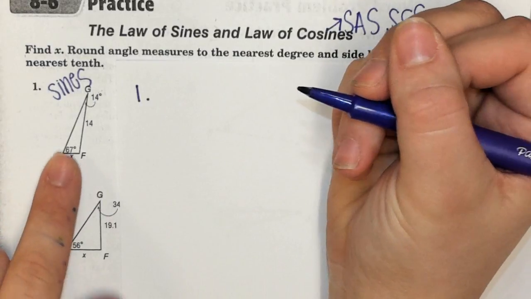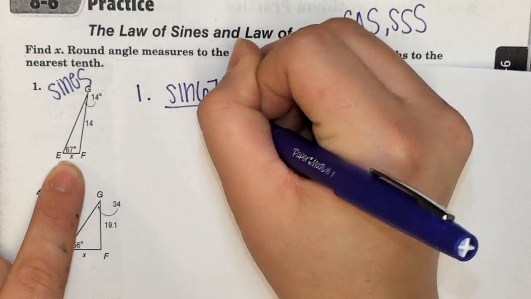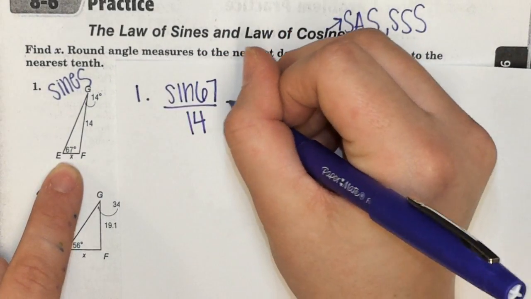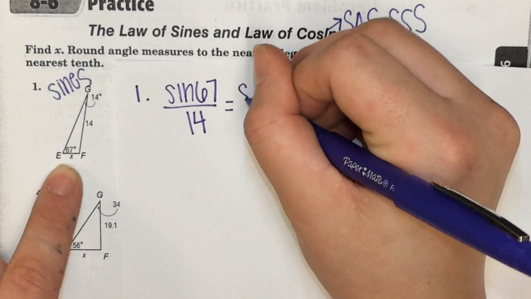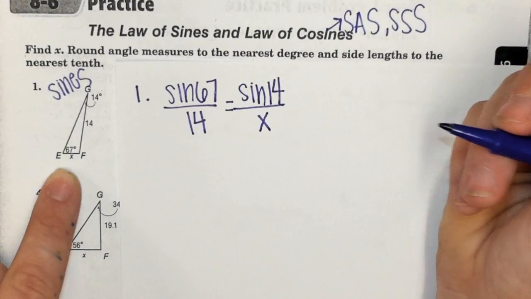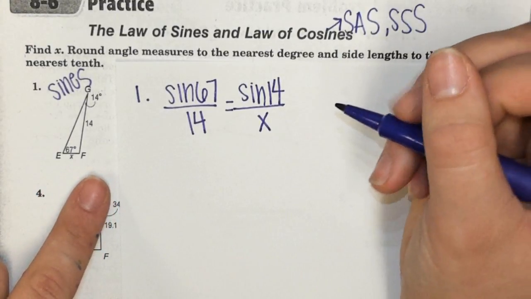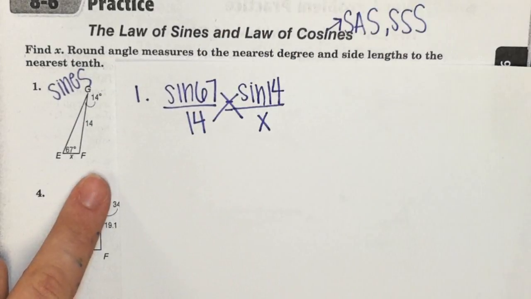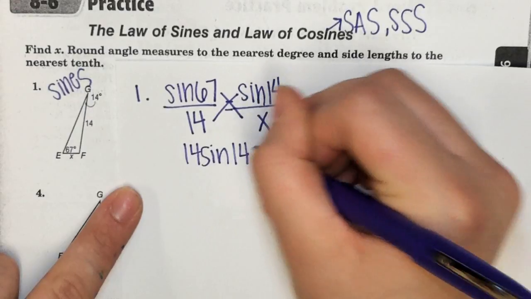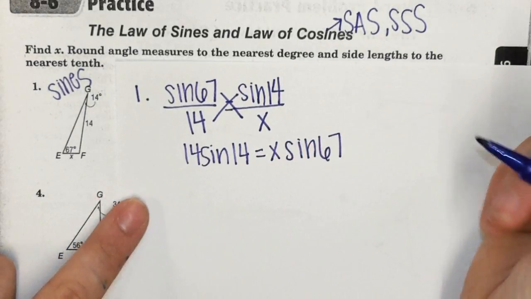Use the one you know. So we know sine of 67 goes with 14, and sine of 14 goes with x, which is what we're trying to find. Cross multiply. 14 sine of 14 equals x sine of 67.